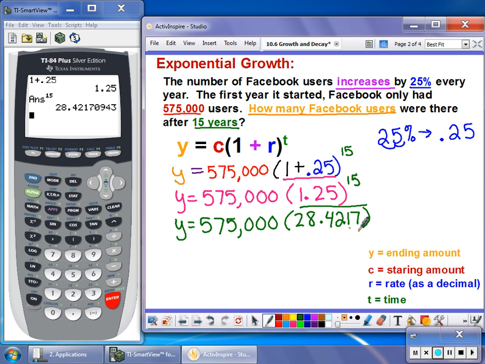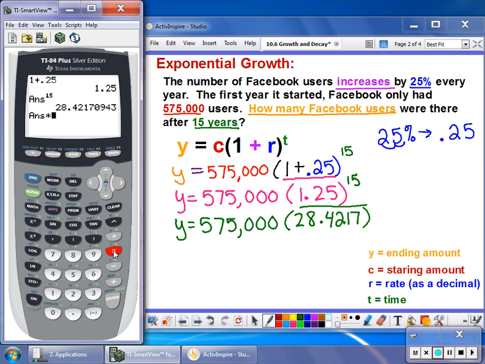This tells me when I look at your work that you had this big long decimal. Now in this next step, I don't want to type in this short form of the decimal. I want to leave this big long number. So again, don't clear your calculator. Just hit times and then plug in the 575000 and hit enter.